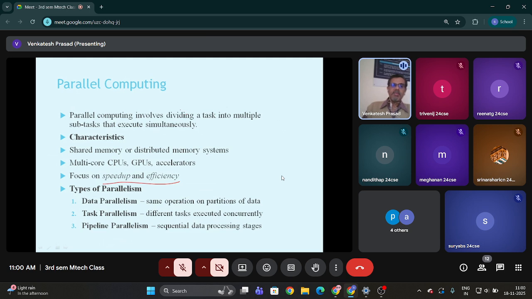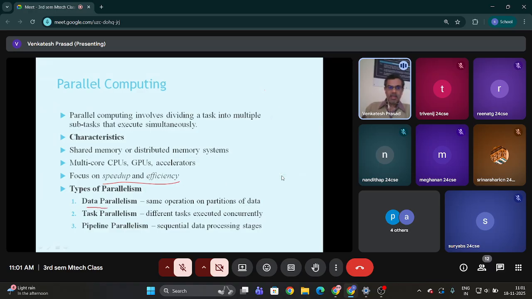So why do we need this parallel computing? Because we have various types of parallelisms. We are now talking about huge or humongous data set sizes, right? So where data parallelism is required, the huge data is split into smaller chunks of data.